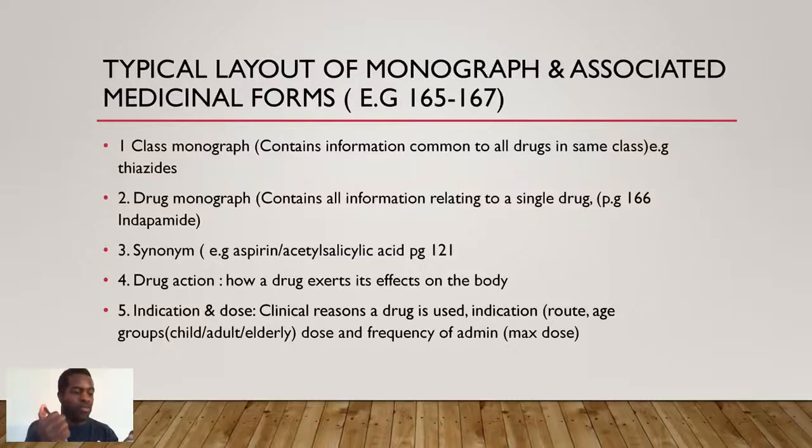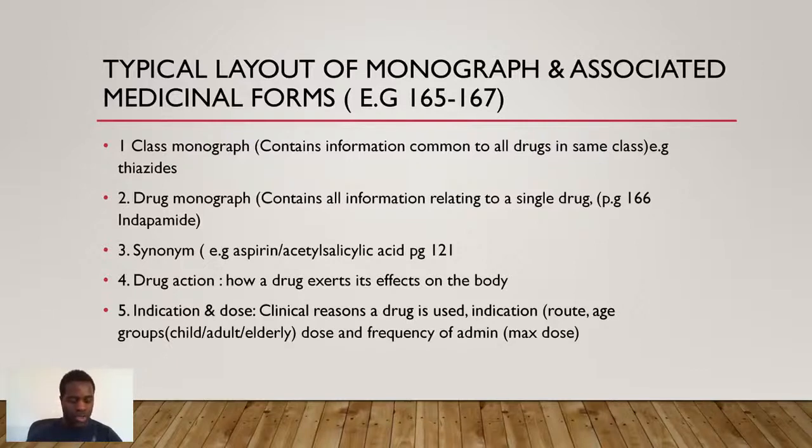But if you have your BNF right now, you see BNF 76, thiazides and related diuretics. This is what we call a class monograph. Let me bring that a bit closer. Can you see that? That's your class monograph, and that contains the information that's common to the class of drugs, in this case what's common to all the thiazides.